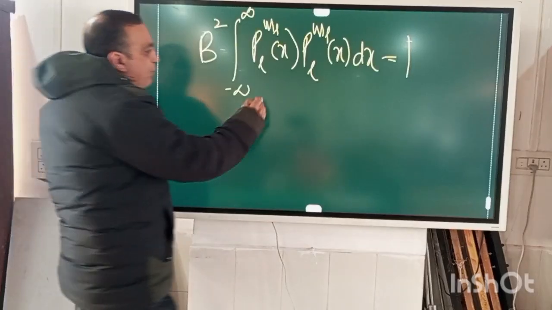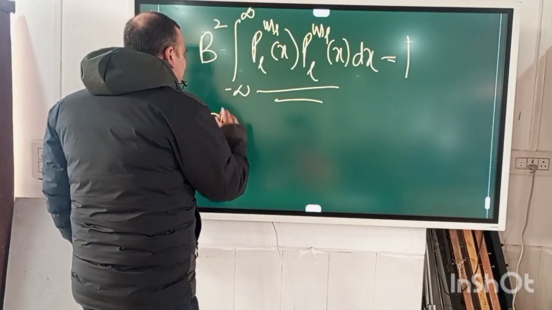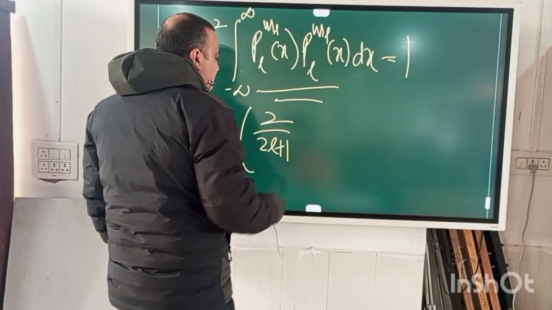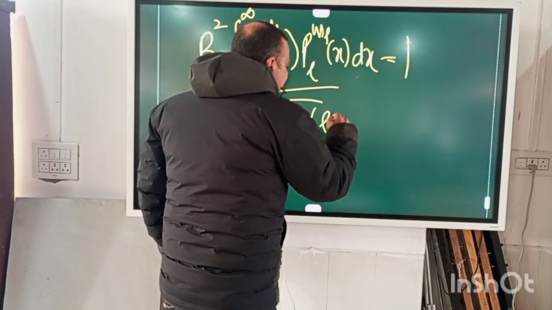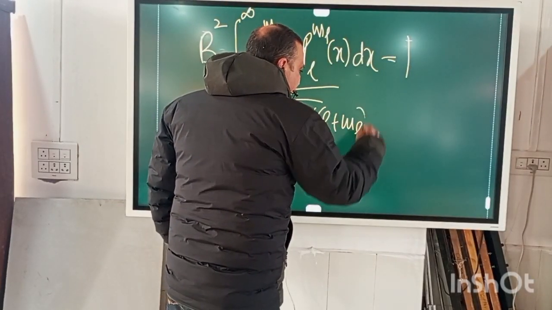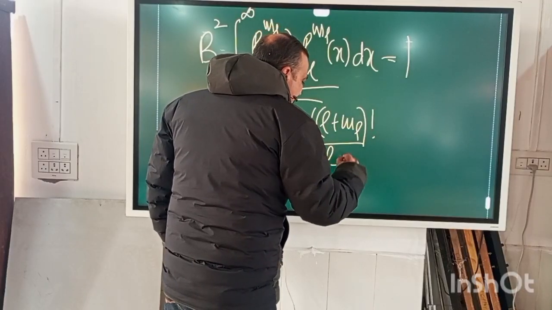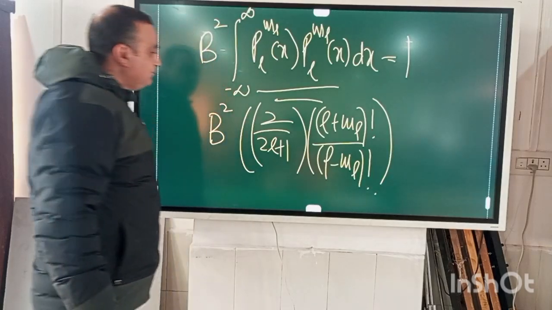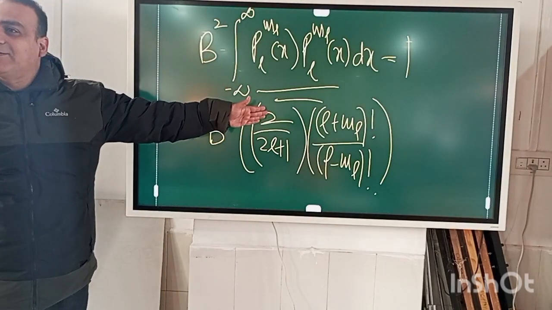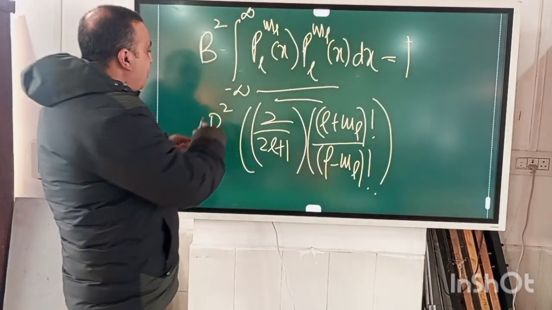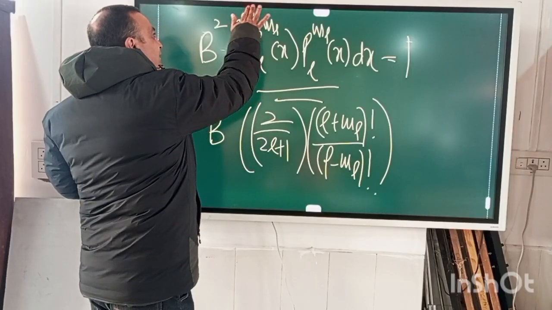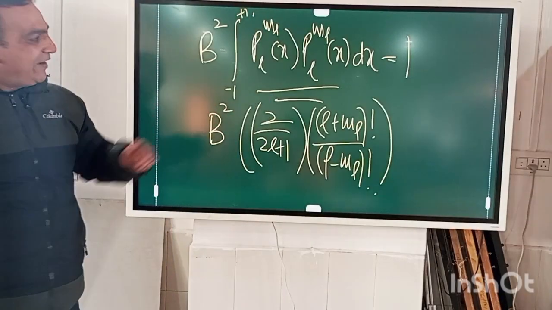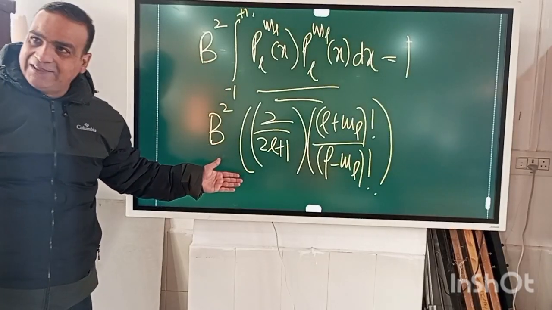Right? Now the value of this integral is b square times 2 by 2L plus 1 times L plus m_L factorial divided by L minus m_L factorial. This is the value of this integral. Oh, this is not minus infinity to plus infinity. This is from minus 1 to plus 1. Right? So when you evaluate this integral, you get the value like this.